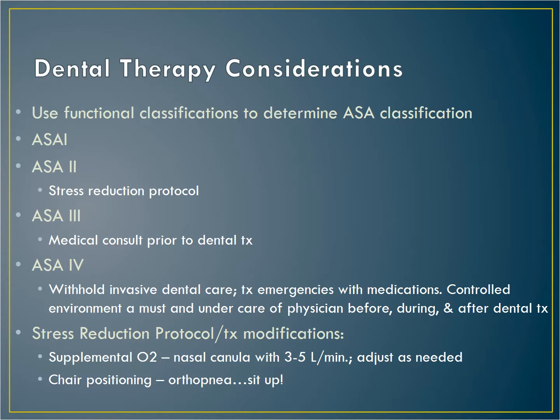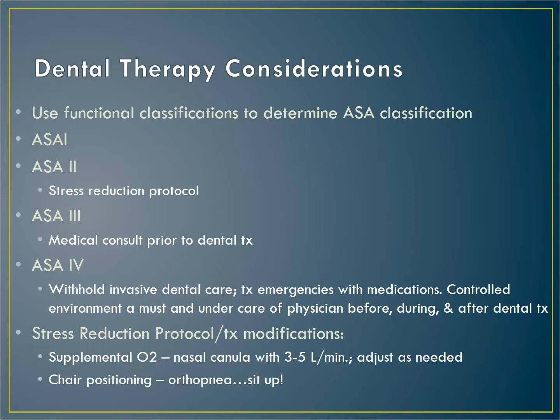So when we have a class 2 ASA, we're looking at just reducing the patient's stress. Again, not just nitrous, but as Dr. Marcel said, some nice calming music and just making sure that your patient is comfortable. Then our ASA 3, med consult prior to dental treatment.